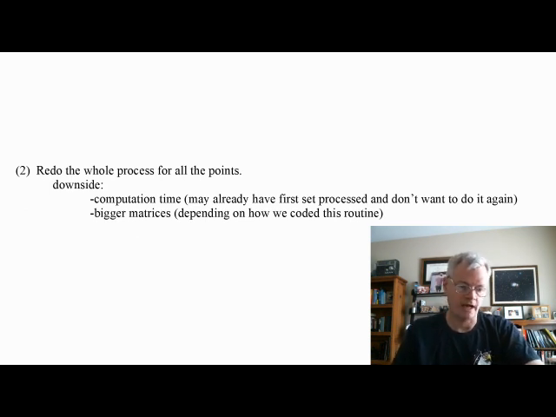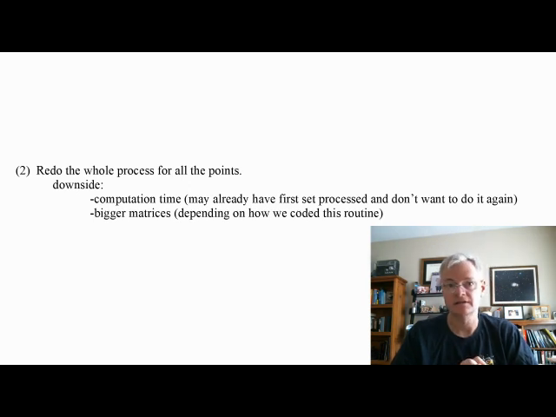All right, option 2. This is probably the one I would do because it seems the most straightforward. You have new data, so instead of 17 data points, let's say now you have 17 in batch 1 and 3 in batch 2. You could just say, I'm going to redo the whole problem with 20 data points. That's pretty straightforward, right?